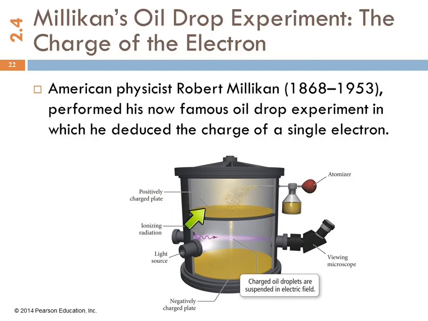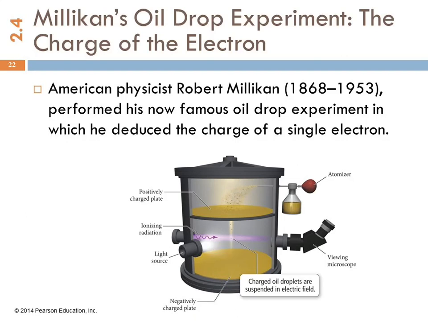And he had a positively charged plate and a negatively charged plate. And they would fall through little holes in this plate, and they would come down, and he would send ionizing radiation in here, which would cause these little oil droplets to become charged. And then he could adjust the negative and positive charge to get those oil droplets to stay suspended in the air.